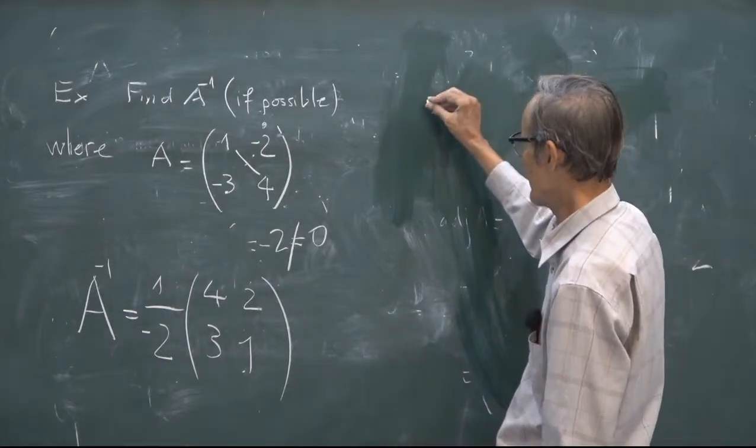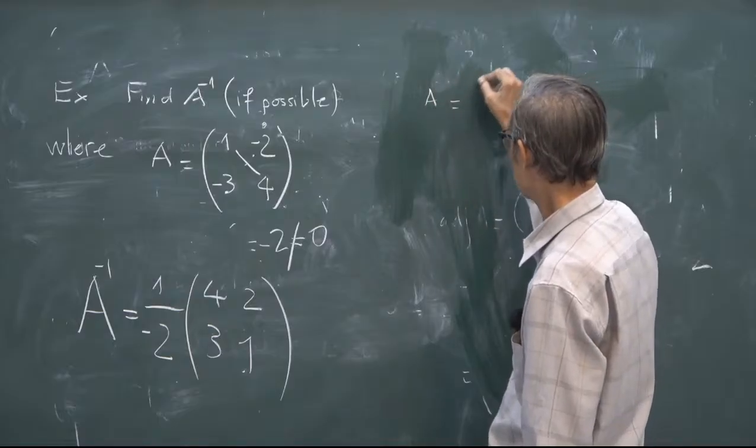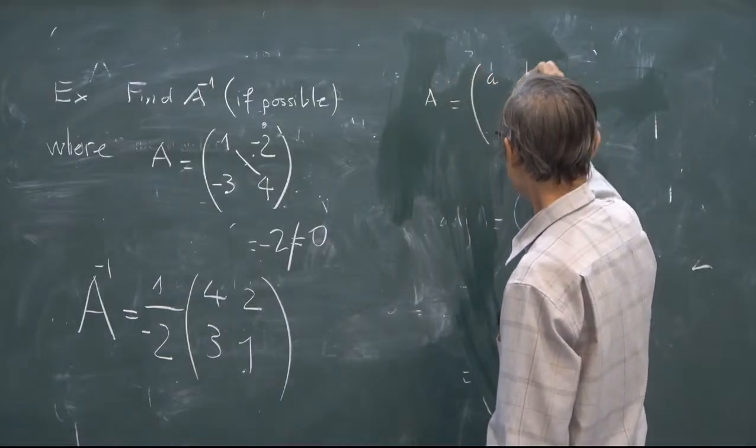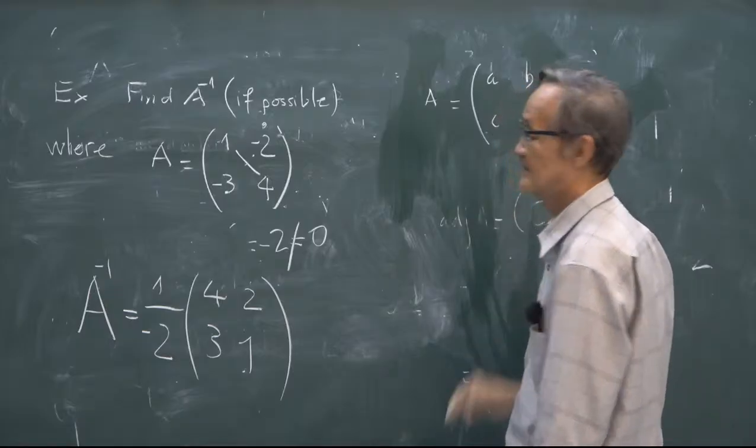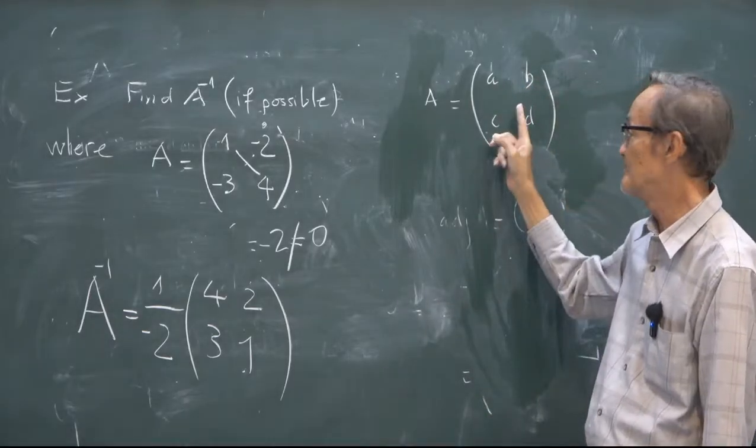Generally, we have A with entries a, b, c, d, of order 2.